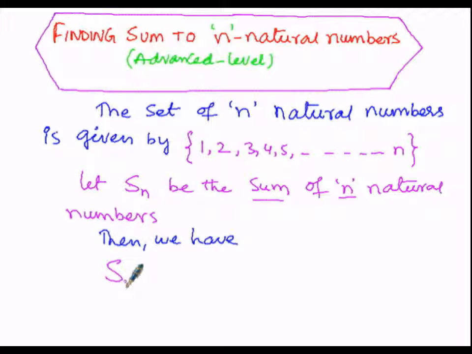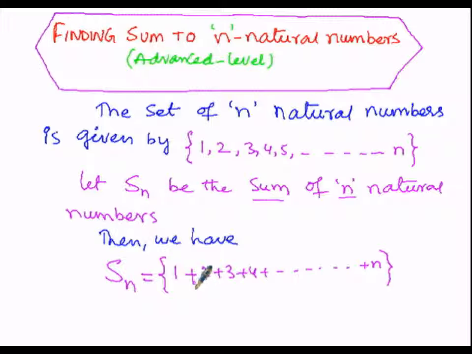Here S stands for the summation of n natural numbers. Sn is given by the natural number set 1, 2, 3 up to n. So we have to find the sum, which is nothing but the addition of these natural numbers. So 1 plus 2 plus 3 plus 4 and so on up to n.